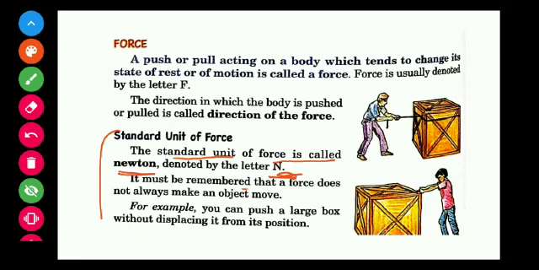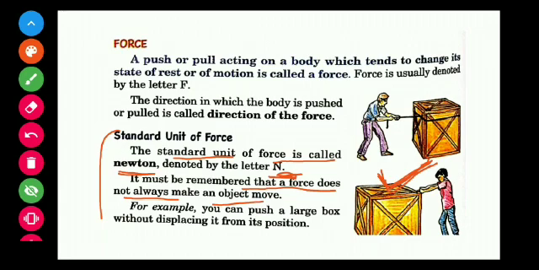It must be remembered that a force does not always make an object move. For example, if we apply a force on this box, this is your large size box, and there is no displacement in this box, that is, there is no change in position, but in this case we apply the force.